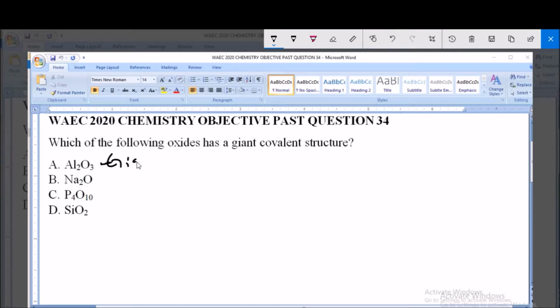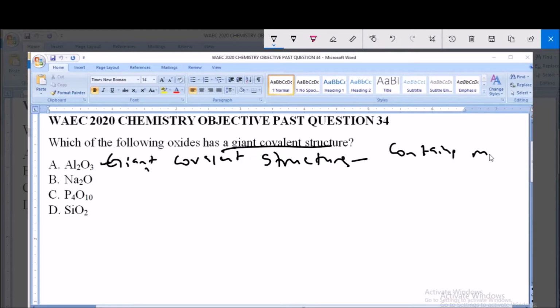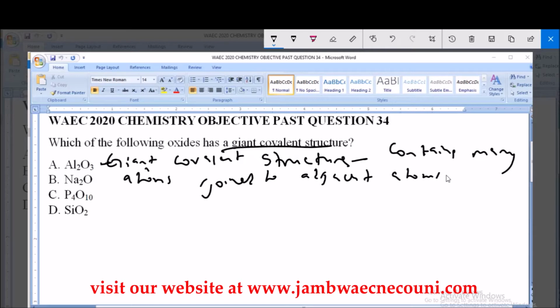A giant covalent structure is what we're looking at. It's a structure that contains many atoms, each one joined to adjacent atoms by covalent bonds.